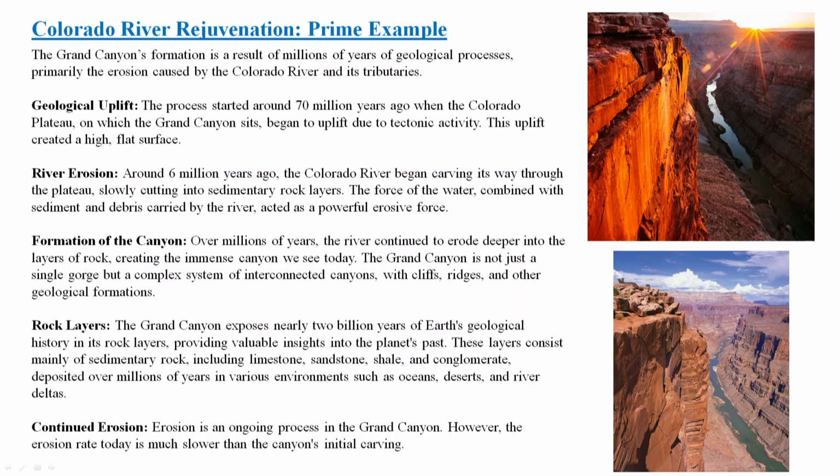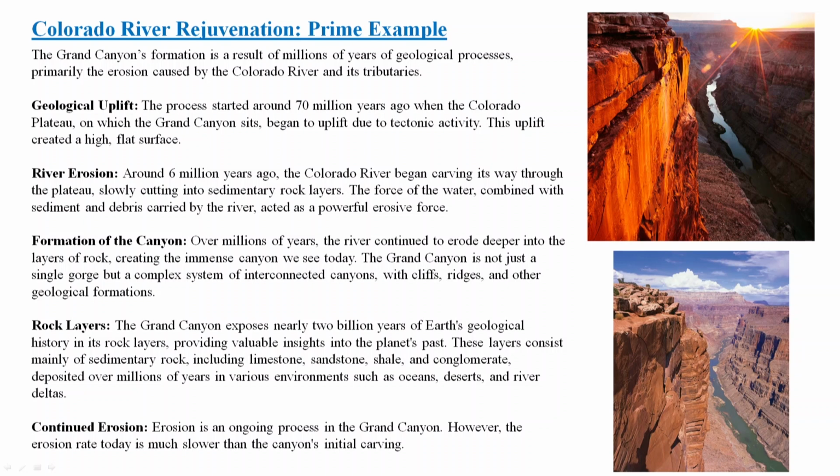Around 6 million years ago, the Colorado River began carving its way through the plateau, slowly cutting into sedimentary rock layers that were already present. The force of the water combined with sediment and debris carried by the river acted as a powerful erosive force.